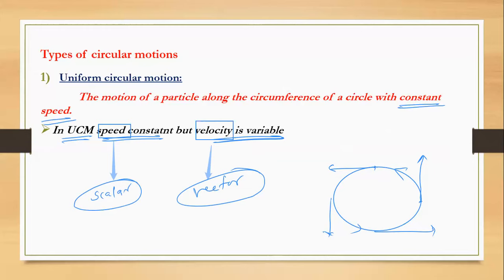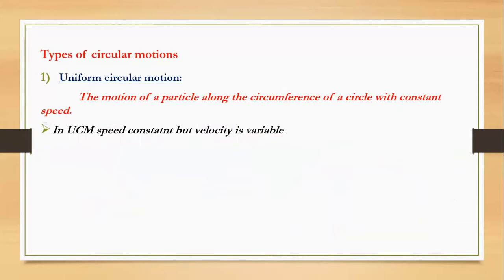Since direction is continuously changing, the velocity is variable here. But we define constant speed as UCM, so in UCM the speed is constant. You remember that. Now the next one: if speed is constant, angular velocity omega is also constant.